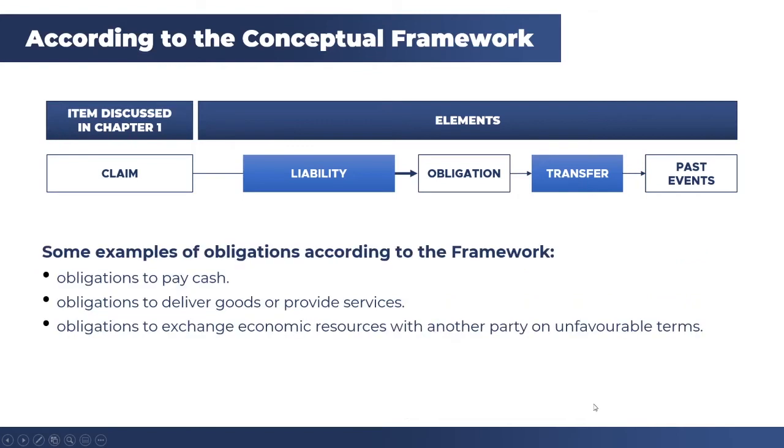Some examples of obligations according to the framework under the transfer of economic resource are, number one, the obligations to pay cash, that's pretty straightforward. Obligations to deliver goods or provide services. The obligation to exchange economic resource with another party on unfavorable terms.